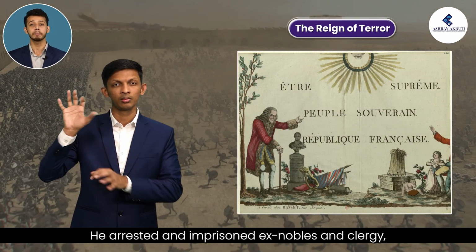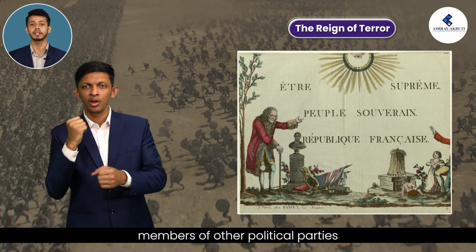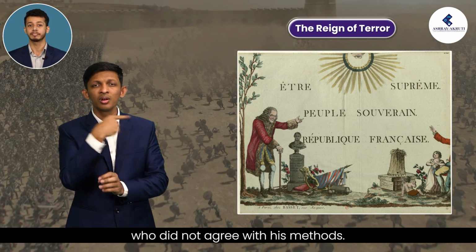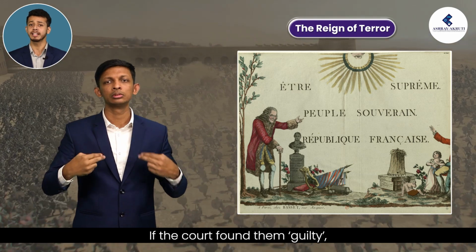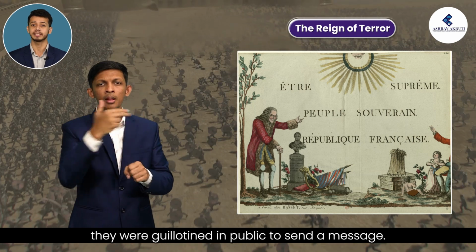He arrested and imprisoned ex-nobles and clergy, members of other political parties, and even members of his own party who did not agree with his methods. If the court found them guilty, they were guillotined in public to send a message.